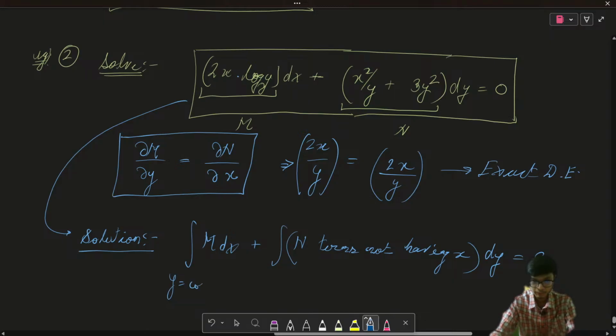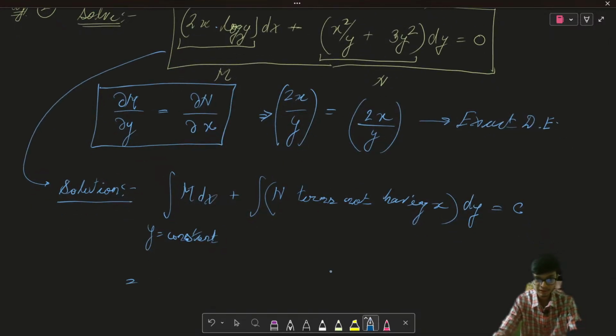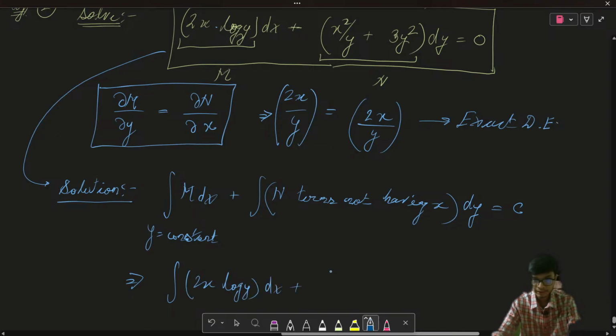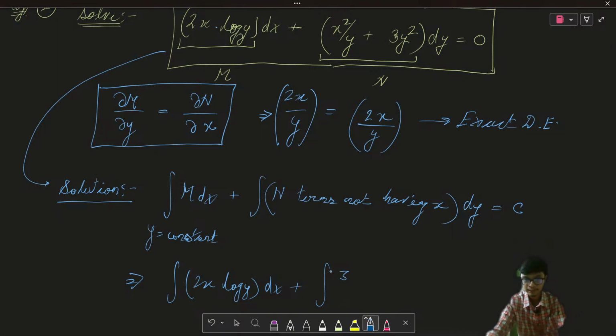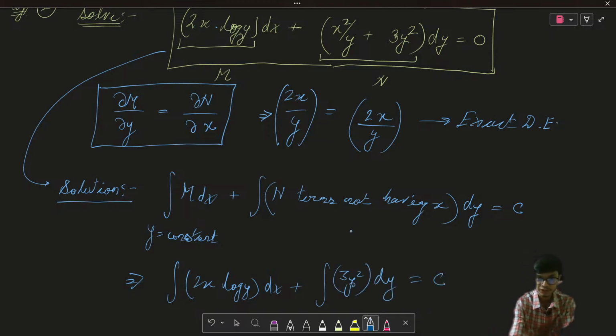Please note, y is treated as constant. So the integral of 2x natural log of y dx plus the terms of N which do not contain x, which is 3y squared, with respect to dy, should equal some constant c.